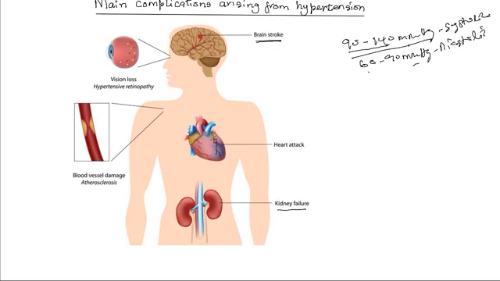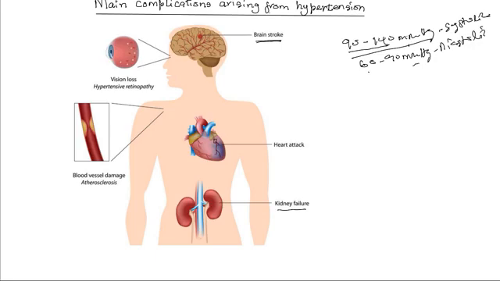It can also result in poor visibility. The eyes, especially the retina, are very sensitive, and when the blood capillaries there are affected as a result of high blood pressure, then vision is going to be impaired.